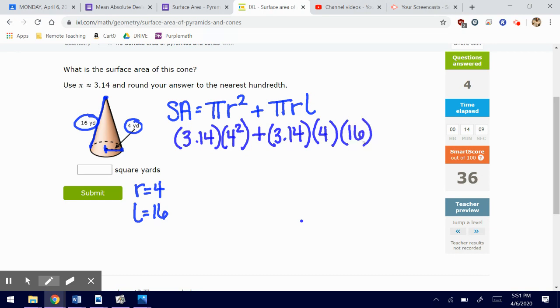Okay, so I'm ready to type in the calculator. So 3.14 times 4 squared is 50.24.